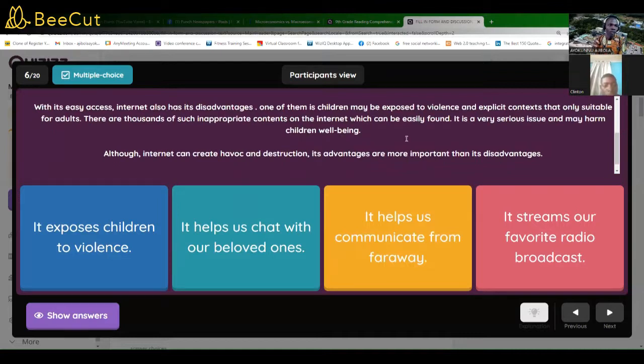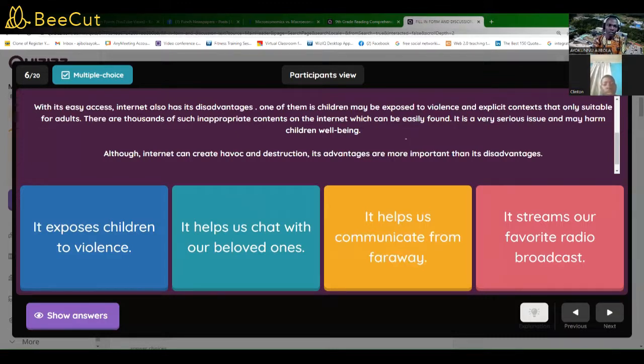Yes. With its easy access, internet also has its disadvantages. One of them is children may be exposed to violent and explicit content that's only suitable for adults. There are thousands of such inappropriate content on the internet, which can easily be found. It is a very serious issue and may harm children's well-being.